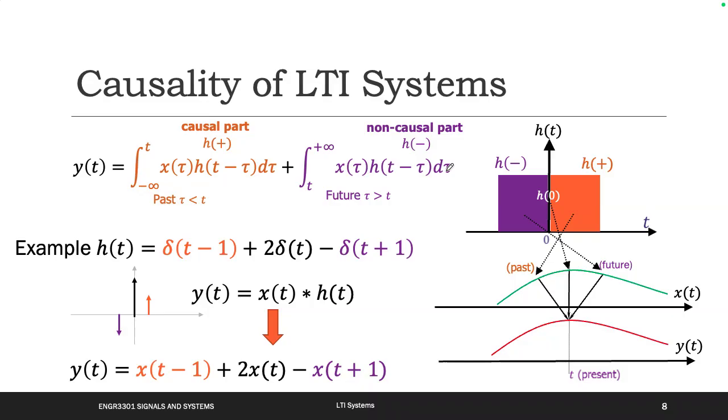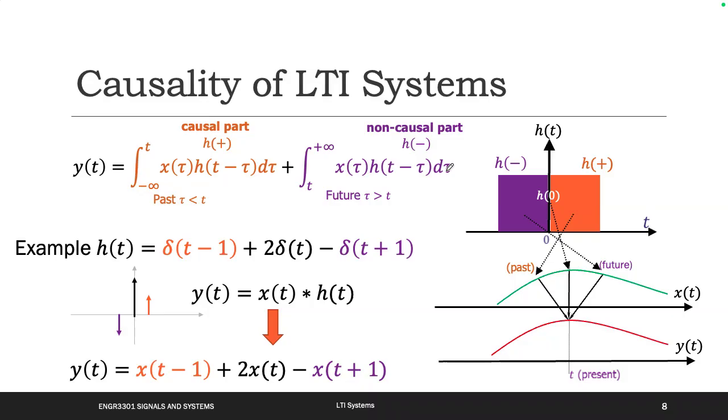And then by distributive, you just get x(t) convolution with delta(t minus 1) plus x(t) convolution with 2 delta(t) minus x(t) convolution with delta(t plus 1). Am I right? But then for each atom, you use the shifting property. Am I right? Then you can get this one. Yeah. Okay.